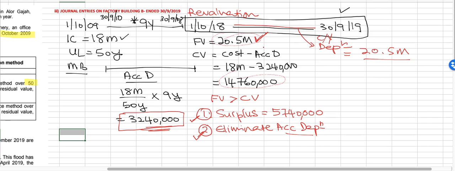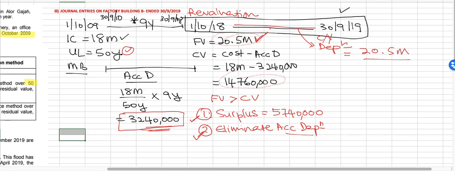Remaining useful life, you don't divide by 50 years. No, because this is a new value. In the middle of the year, you revalue your asset. So this is a new value, so the useful life should be the remaining.